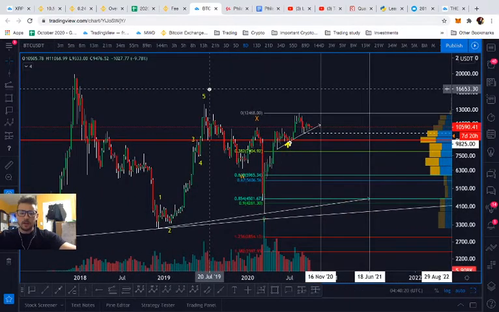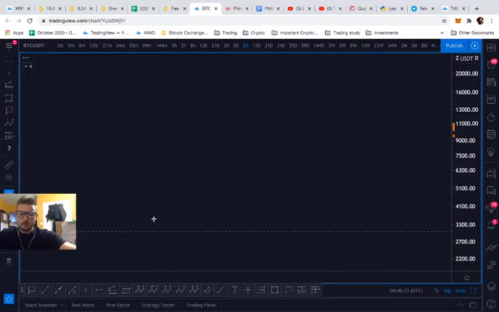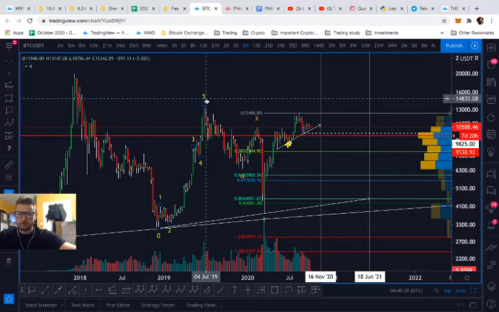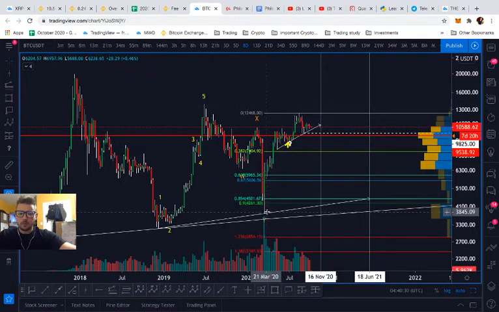So guys, I think that this is a wave 1. Okay, I think that this is a wave 2 coming to the downside. And correct me if I'm wrong.